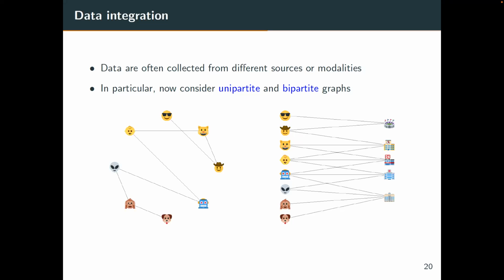So here we still have, let's say, a social network, but now in the bipartite network, we may have information about the places that people have visited, or maybe two different types of entities, and the way these two are related. So again, we have the same problem. We don't know the identities of the people in the second network, but we still want to find a correspondence between the two of them.